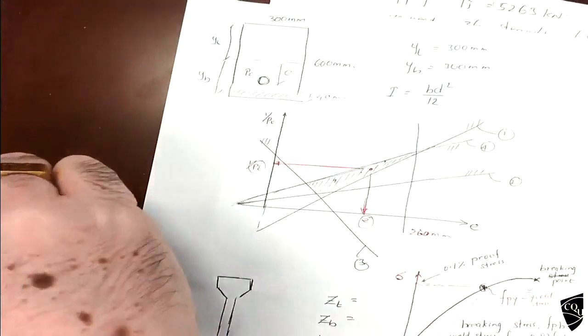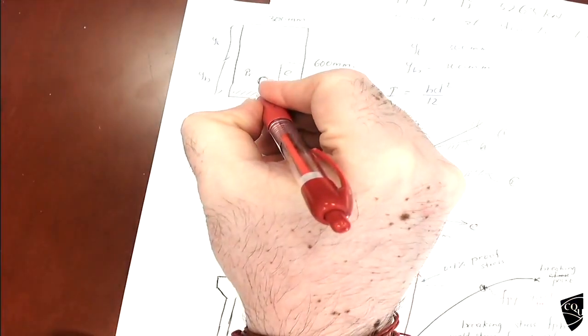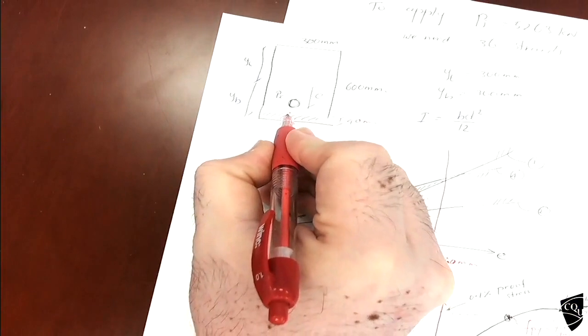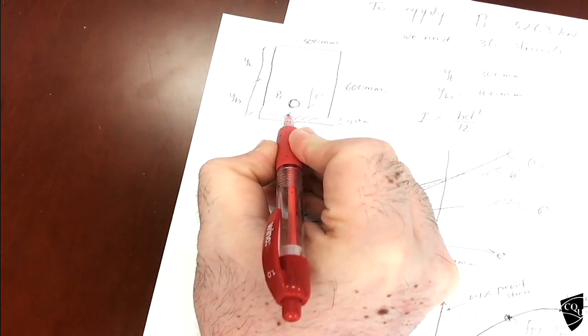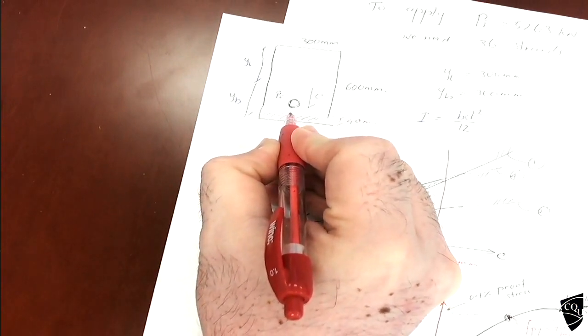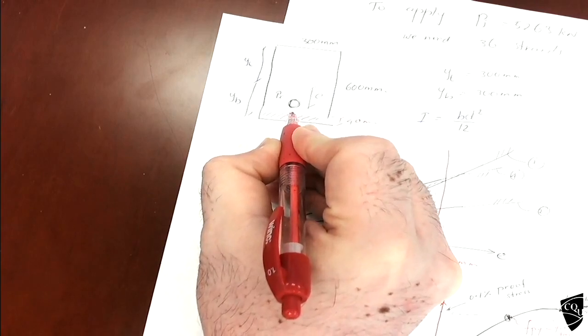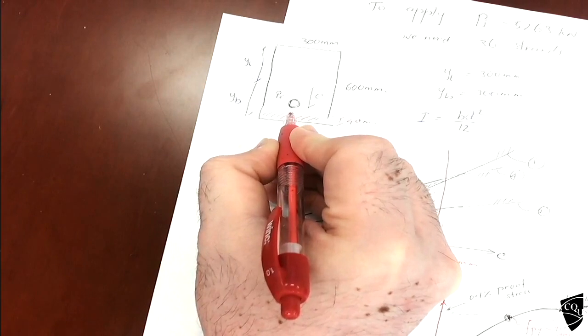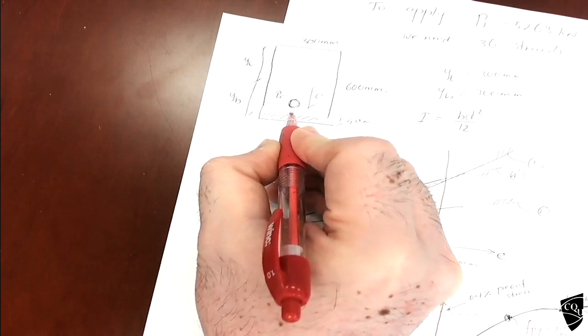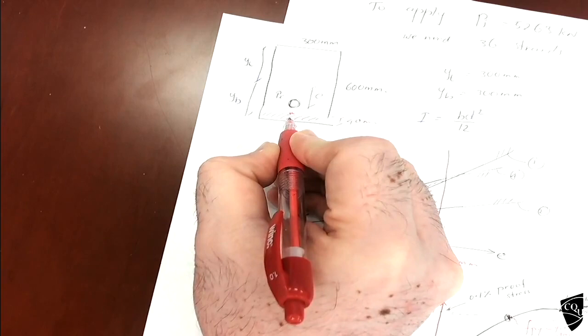If you select the maximum E, what's the problem? You cannot put any tendons below that.